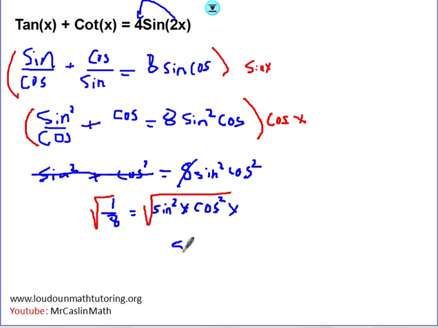So what we're going to get is sine of x cosine of x on this side. On this side, you're going to get, don't forget plus or minus. Oh, plus or minus. Yep.